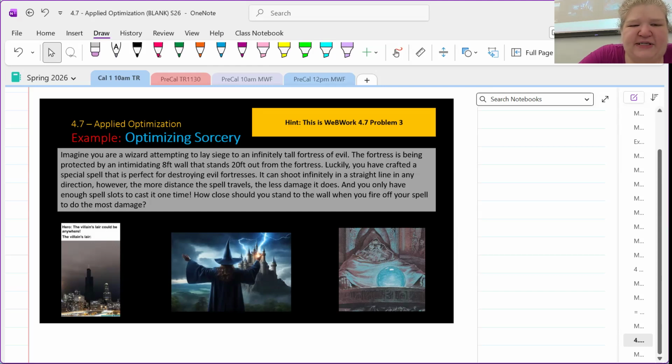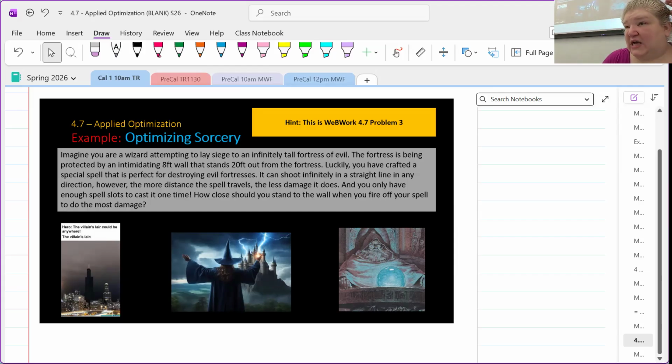Luckily, you have crafted a special spell that is perfect for destroying evil fortresses. It can shoot infinitely in a straight line in any direction. However, the more distance the spell travels, the less damage it does. And you only have enough spell slots to cast it one time. How close should you stand to the wall when you fire off your spell to do the most damage?